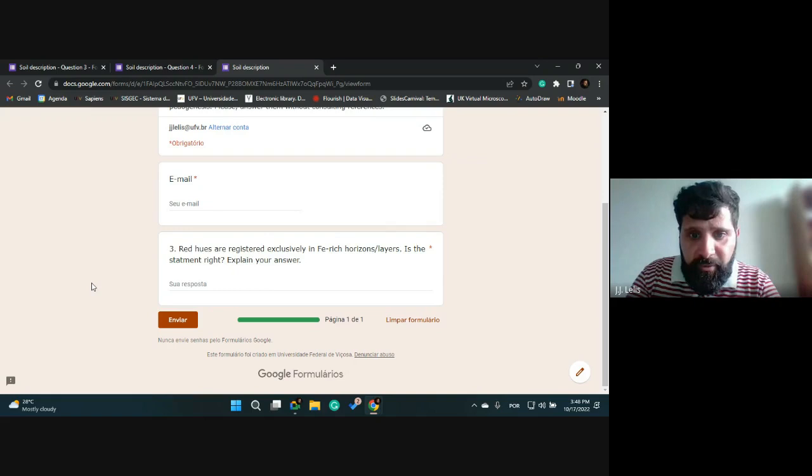The limestones are formed by calcium carbonate, and they don't present a lot of hematite and goethite in the structure of these rocks. So the red hues in these horizons come from the fact that the low content of iron in the soils is composed by hematite. And hematite is an iron oxide composed by iron three and oxygen, and hematite is formed at high pH.